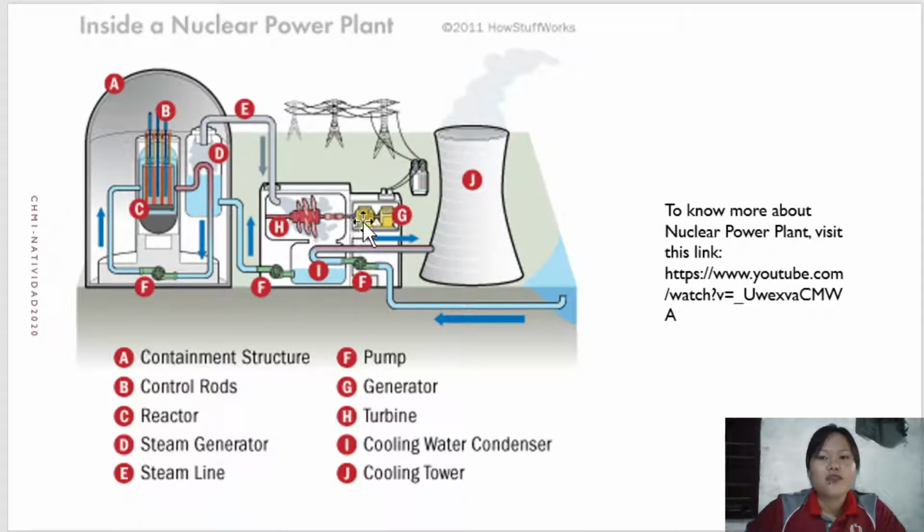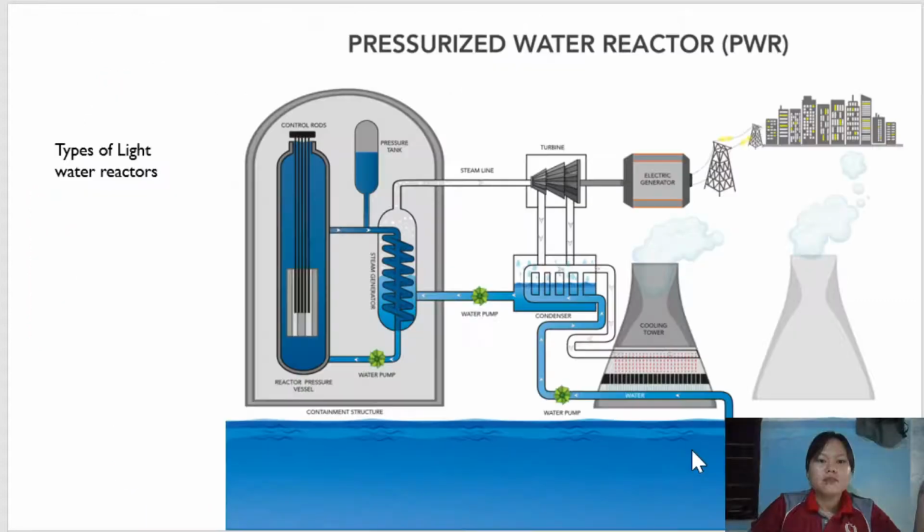Therefore it is sent to a generator, and then the generator transforms it into electricity. So we actually have types of light water reactors.